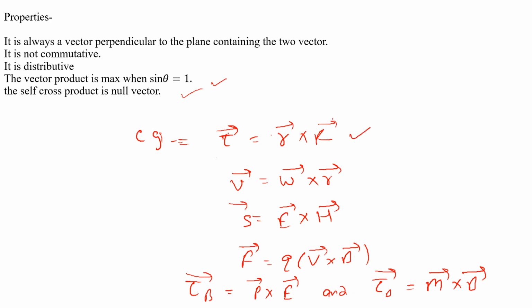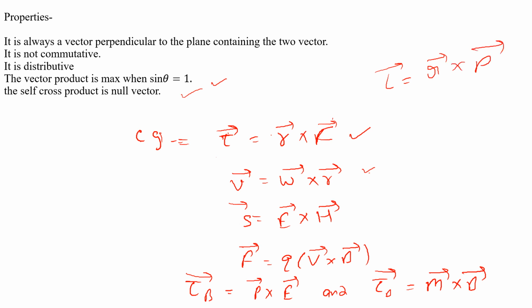The formula is torque equals r cross F vector. And we can also see angular momentum. Sorry, this is the velocity. And the formula of angular momentum is L equal to r vector cross v vector.